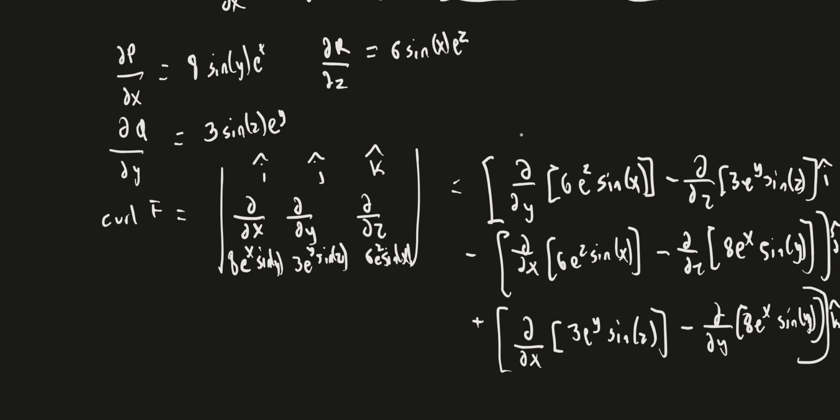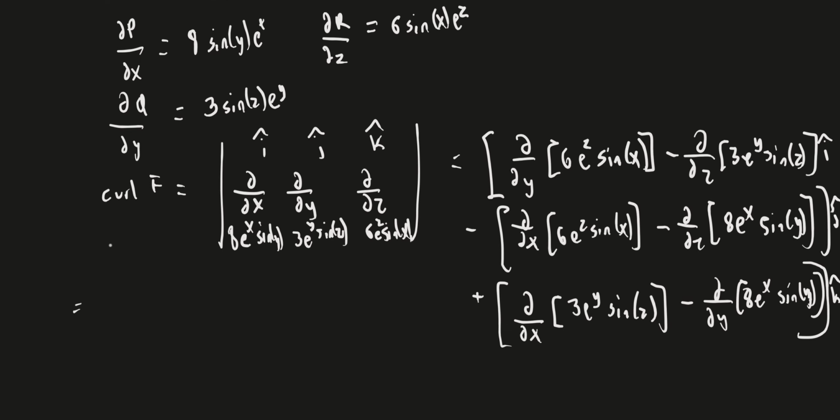Okay. Alright. So this becomes 6e, oh, that's 0 because there's no y, so it's 0. And then here that becomes, making sure I'm not doing anything wrong.